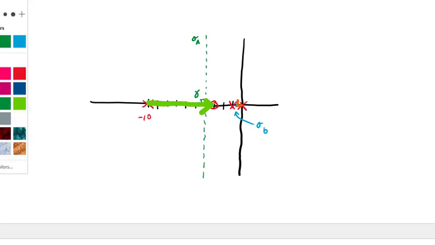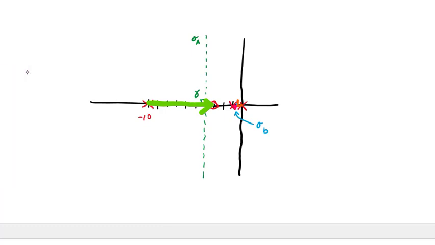Now the other one, I'll do it in pink. So that's going to go to the middle and break away down. And what they're both going to do is something like this. Okay?